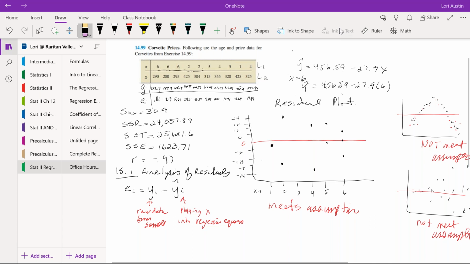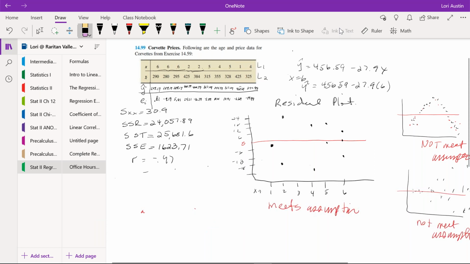I'm ready. Okay, so let me get rid of 15.1. I know there's probably an easier way to do this, but oh, yeah, large eraser. Let's try that. It's not much larger.